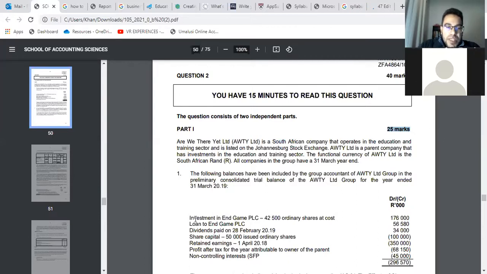So the investment could be the loan plus the investment, or just the investment on its own. What will trigger whether you must include the loan as part of the investment is the terms of the loan. If the loan does not specify a date of repayment, that means the loan is there forever and ever, then it's more likely going to be included as part of the investment.